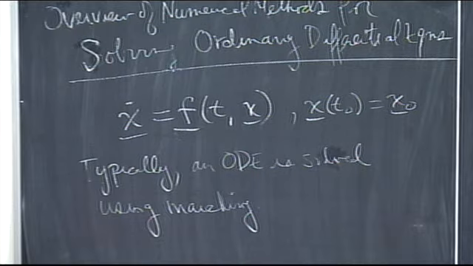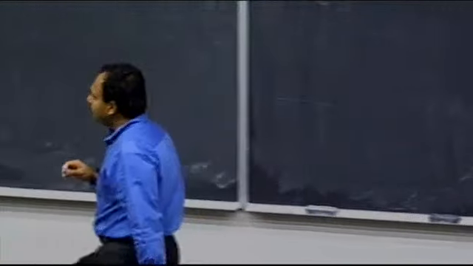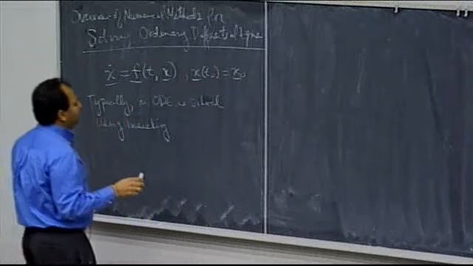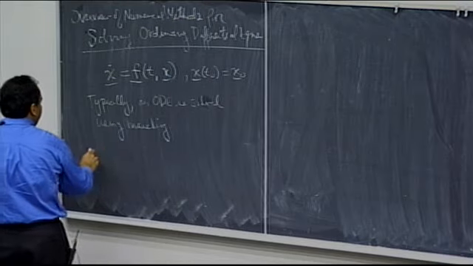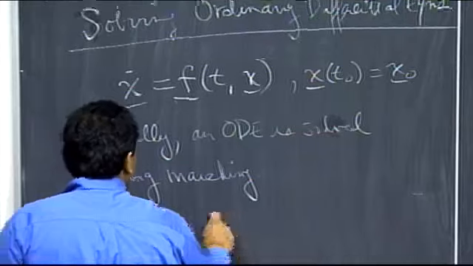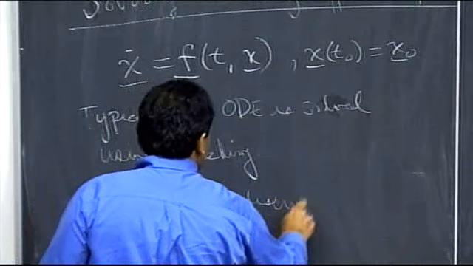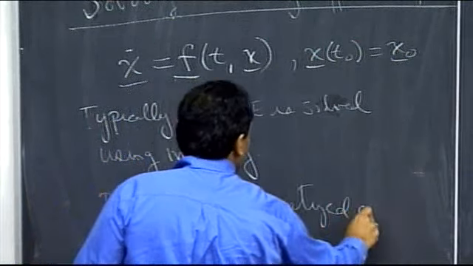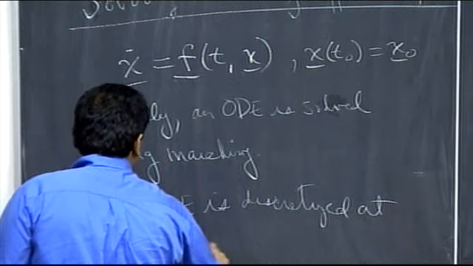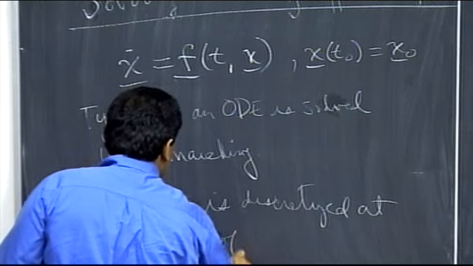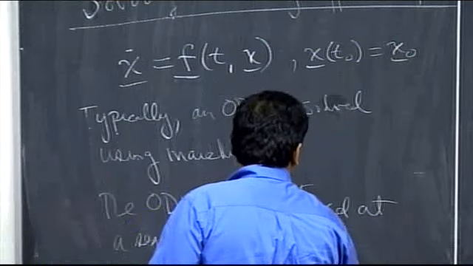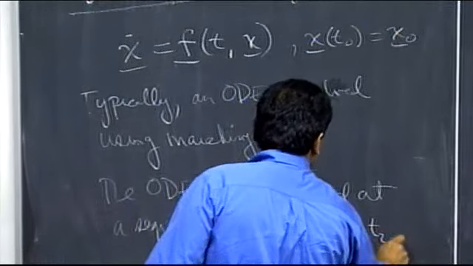All right? So the main thing that gets done here is that the ODE is discretized at a sequence of points, and these points are t0, t1, t2, and so on.